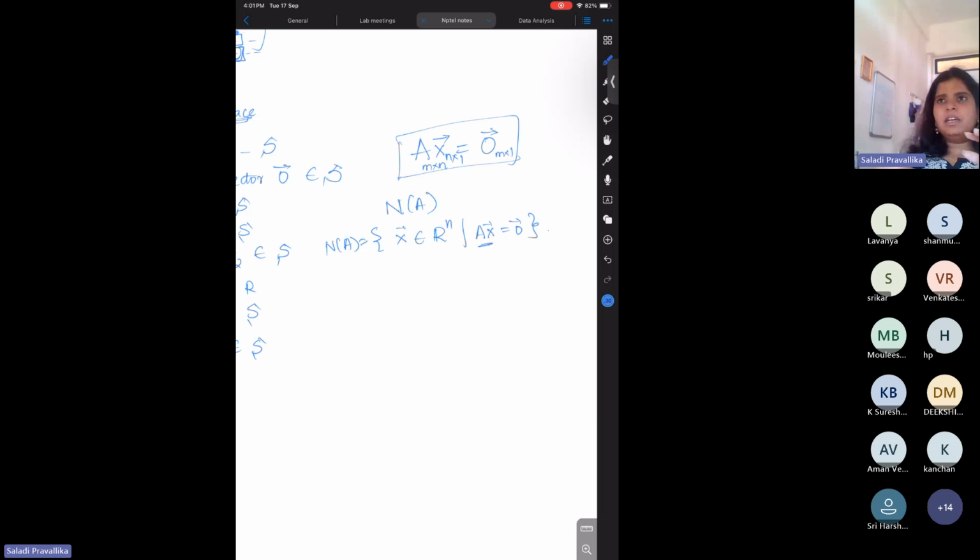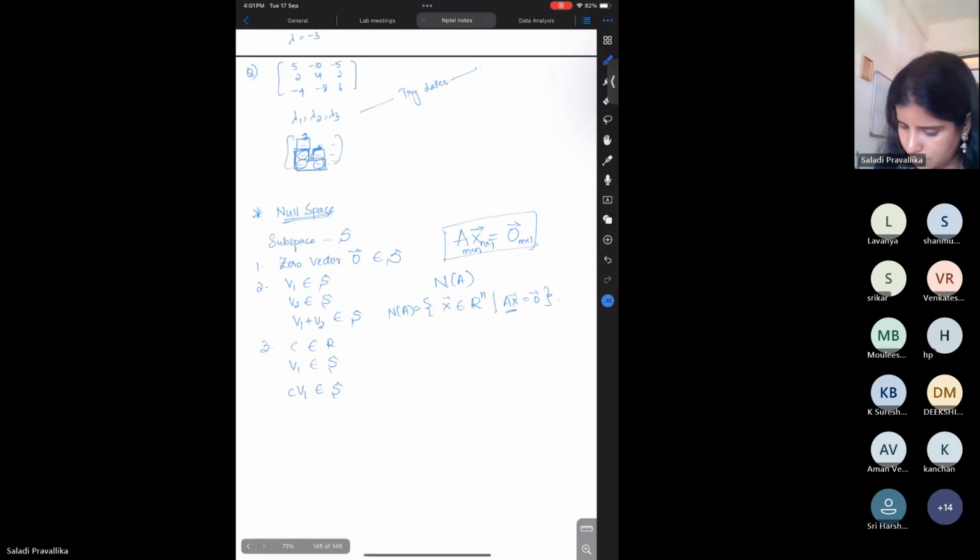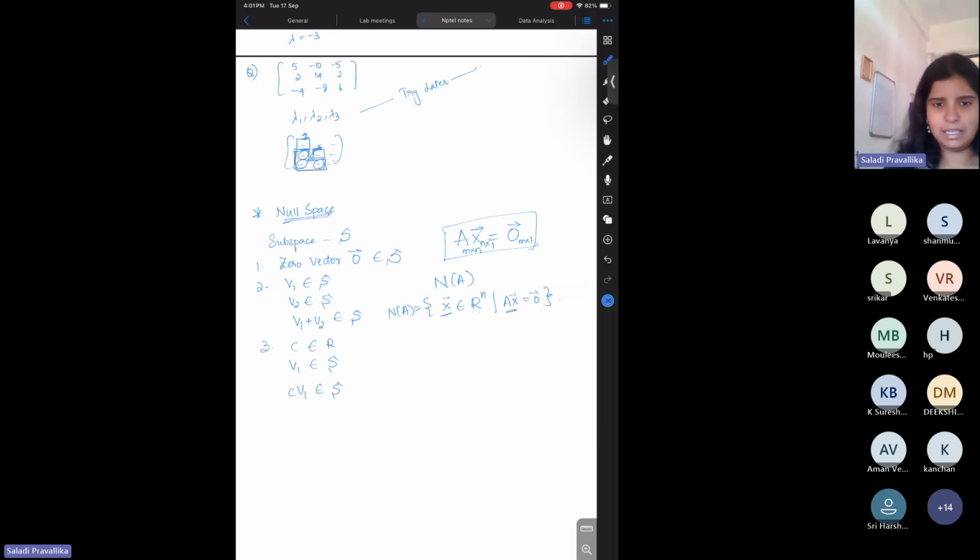The geometric interpretation is that the null space can be visualized geometrically as a subspace of R of n. Since X belongs to this, according to these three properties, the null space N of A is a subset of R of n. So R of n is a subspace here.